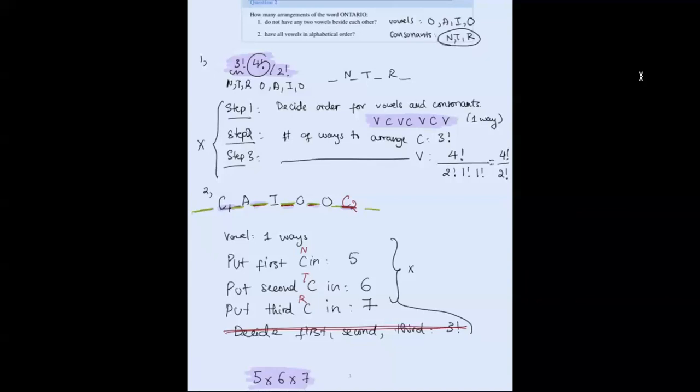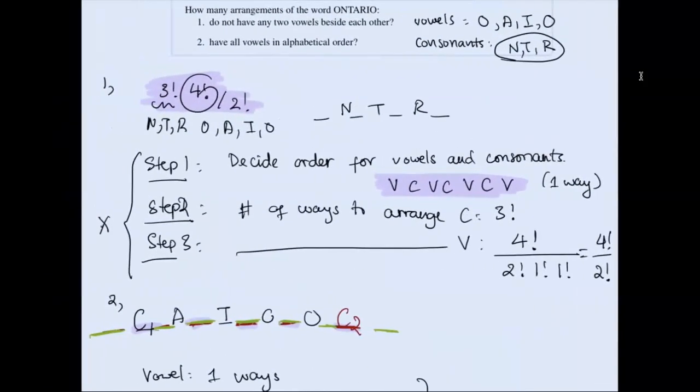How did you get 4 factorial divided by 2 factorial again? Yes, it was because for question 1, in the step where I arranged the vowels, what are my vowels? My vowels are A, I, O, and O, right? So if they were all different, I would have 4 factorial, but you have 2 similar objects, so you have to divide by 2 factorial.